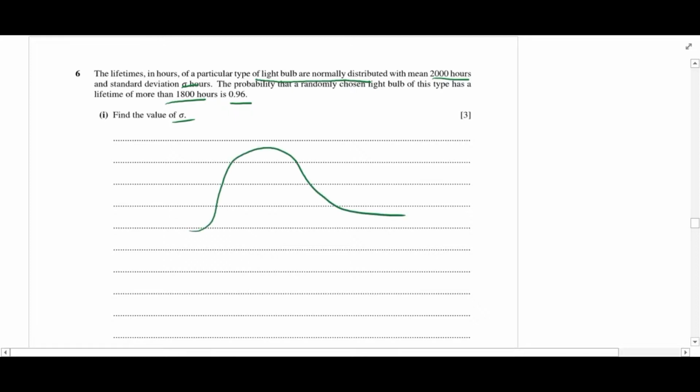So if we draw the normal distribution curve first, this is our mean, around 2000, and greater than 1800, so this would be 1800, and this whole region beyond 1800 has an area of 0.96.